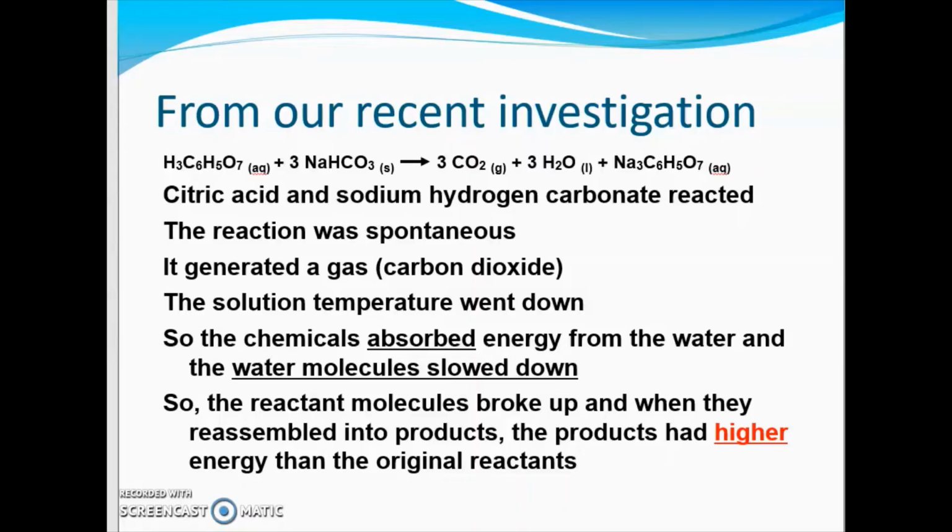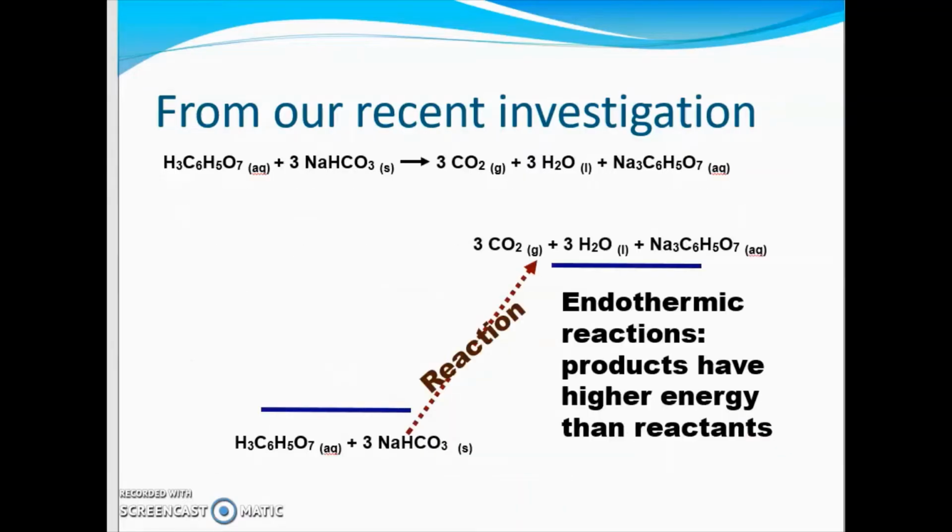Let's see if we can get this into a kind of a diagram form. Here I have my reactants down here, the citric acid and the sodium hydrogen carbonate. And they absorbed energy from the water because we got higher energy products, our carbon dioxide, water, and sodium citrate.